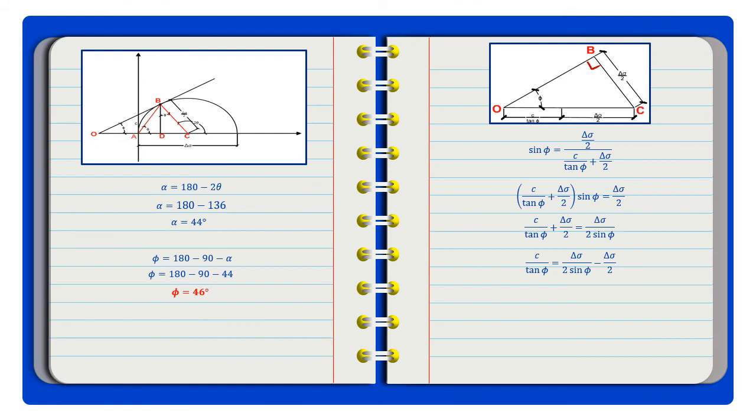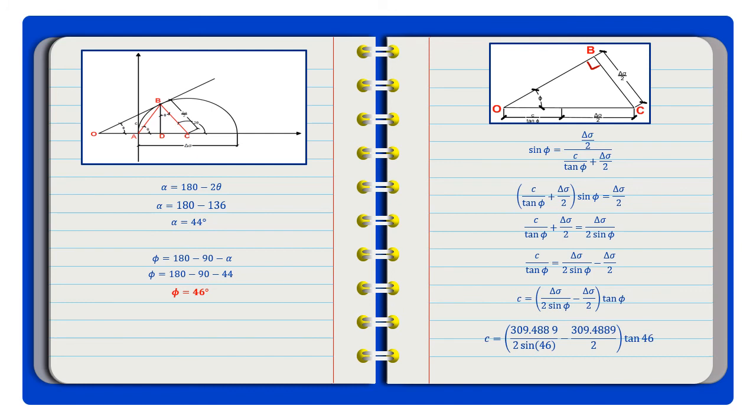Now, we multiply the tangent of phi to the equation on the right side to yield the equation for our cohesion, which is delta sigma over 2 sine of phi minus delta sigma over 2, multiplied by the tangent of phi.